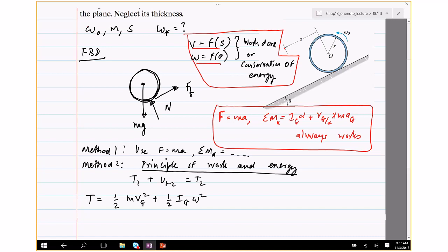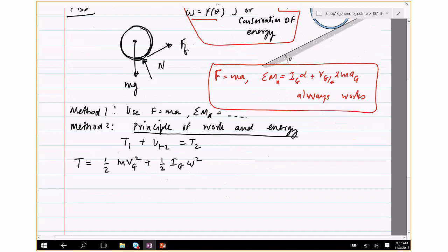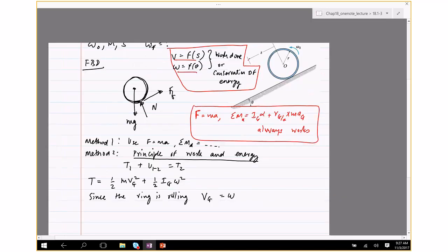So that's the formula which I'll use. I can do a little bit of simplification. Since the ring is rolling, I can put Vg equal to omega times r, small r.